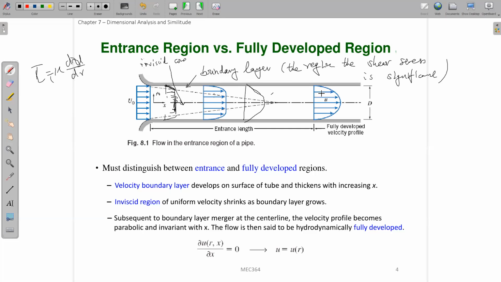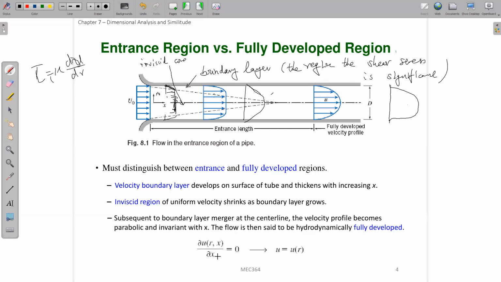But after the flow becomes fully developed, the velocity profile will not change anymore. So at this location you see this velocity profile, and at some other location downstream, you will see exactly the same profile there. That is another way we can define the fully developed region.